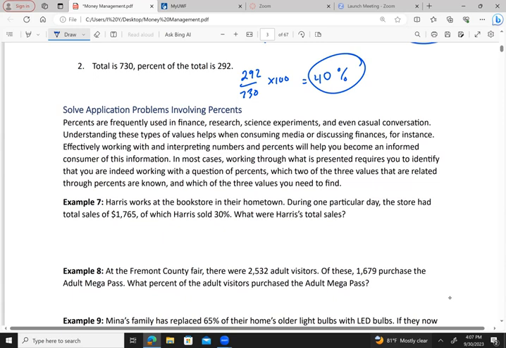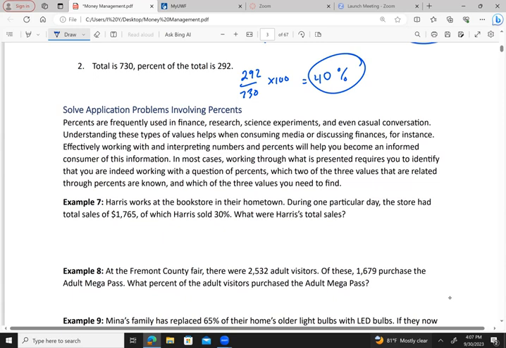Harris works at a bookstore in her hometown. During one particular day, the store had total sales of $1,765. Sounds like the total, of which Harris sold 30%. What were Harris' total sales?